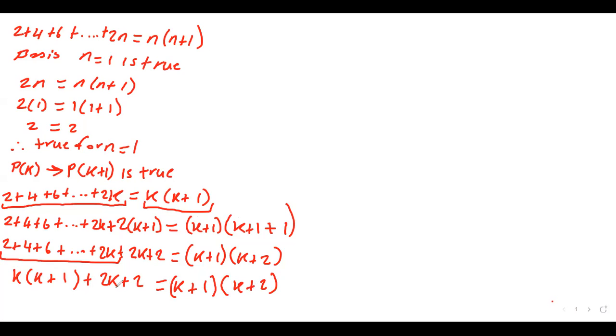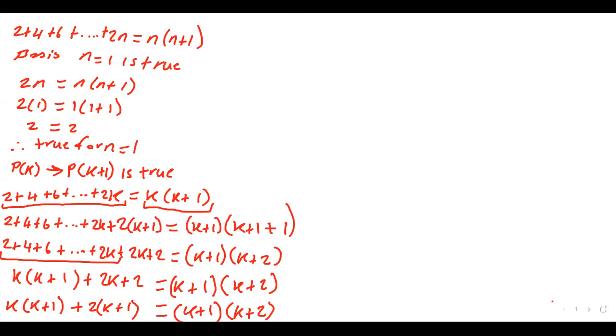All right, if you notice over here, we can simplify this a bit. So we have k into k plus 1 plus, over here, we can just put 2 outside, end up back with k plus 1, and that's equal to k plus 1 into k plus 2.